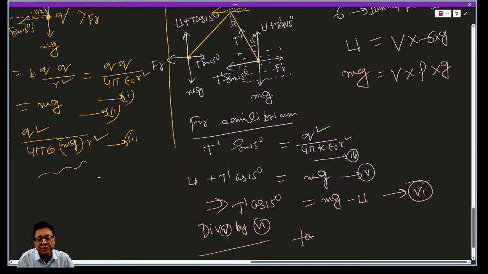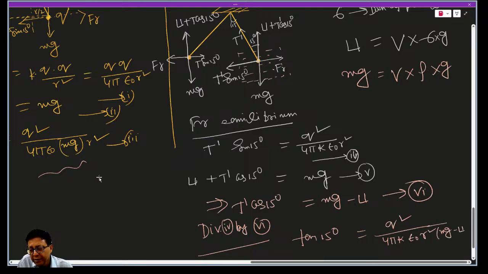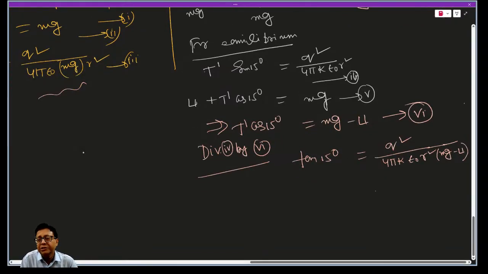This is 4, yes, 4. Dividing 4 by 6, what do I get? Again, tan 15 equal to 4 pi k E0 R square by mg minus u. Am I correct? This is your number 7.